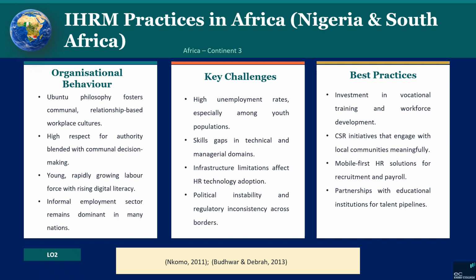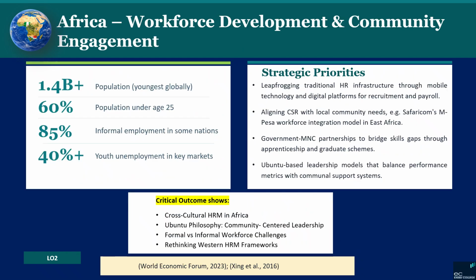Now, the best practices include vocational training and workforce development initiatives, CSR programs to build community trust, mobile first HR solutions to improve recruitment, payroll, and employee management, and partnerships with educational institutions to help create talent pipelines for future hires. Africa has the world's youngest population, at 1.4 billion, with about 60% under 25 years of age.